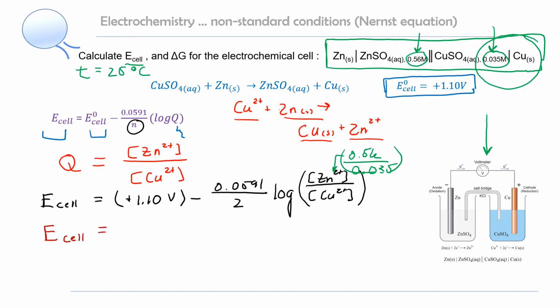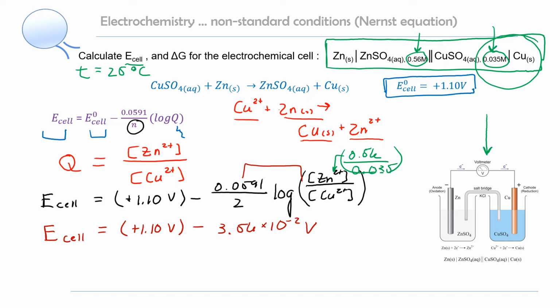So this should give you a value of the 1.10 volts minus, and our little correction term comes out to be 3.56 times 10 to the negative 2 volts. The units on the log term here is volts. Not the log term, sorry, the constant term out in front.